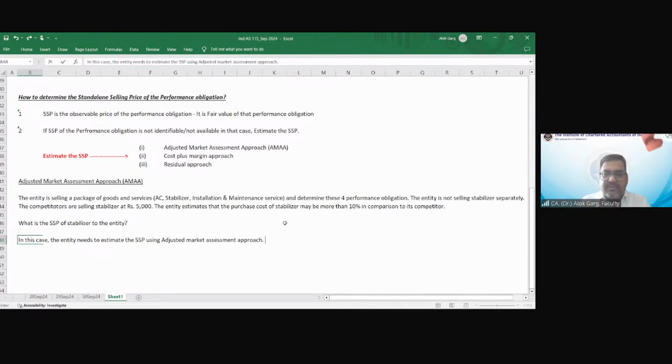Hence, the standalone selling price may be 5,000 plus 10% of 5,000, that is 5,500 rupees. Solution.